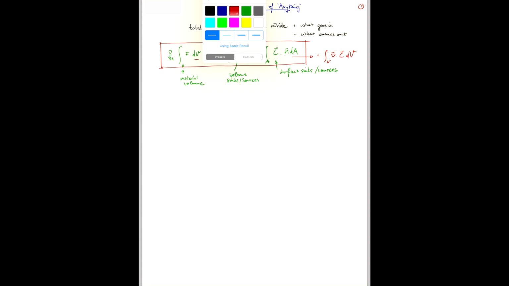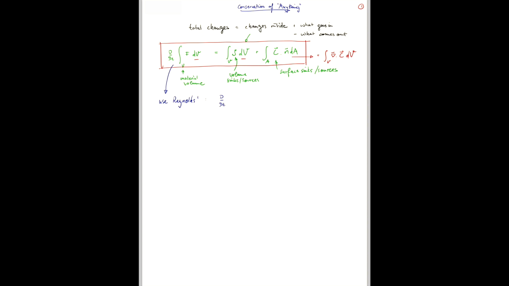Now we can express the left-hand side slightly differently using Reynolds' theorem. So let's use Reynolds here. In that case, d by dt of the integral of f dV is the integral of df/dt dV plus the area integral of f u dot n dA.